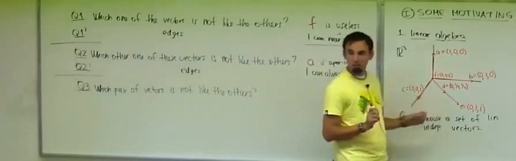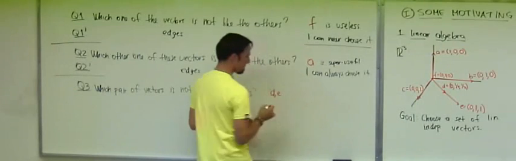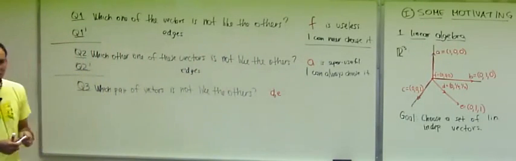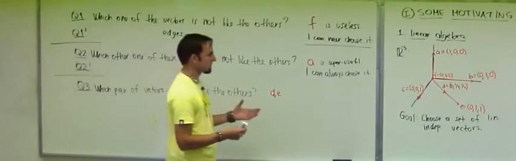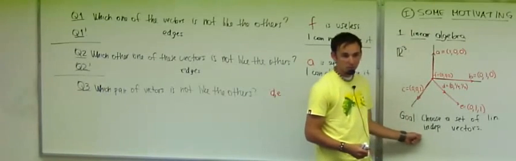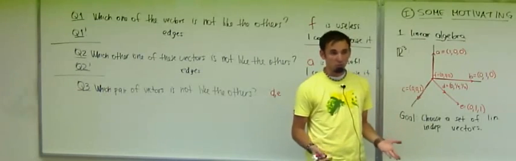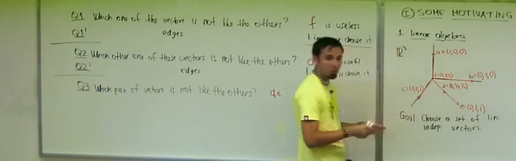You think D and E. Why are these two special in a certain way? Well, because when it comes to choosing a set of linearly independent vectors, you either choose one or you choose the other. But you can't choose both, because if you were to choose both, you would have the equation E equals 2D.